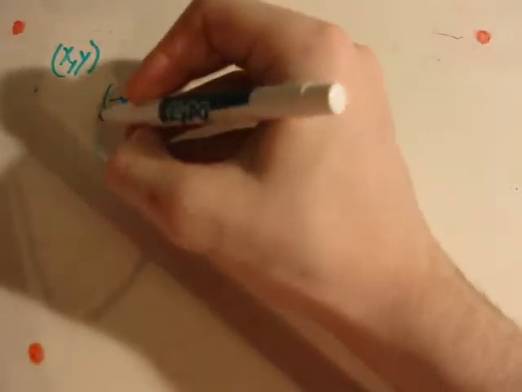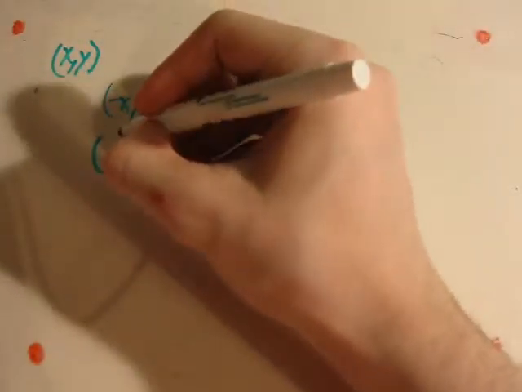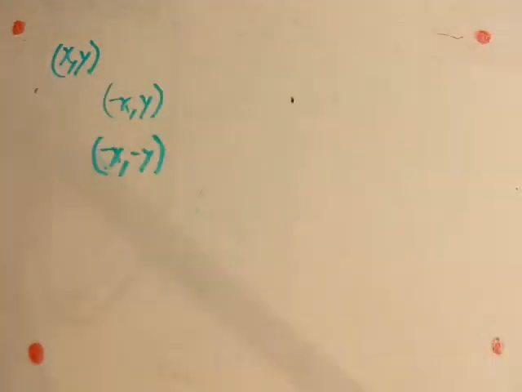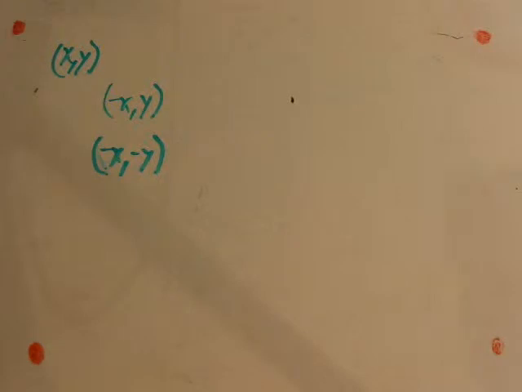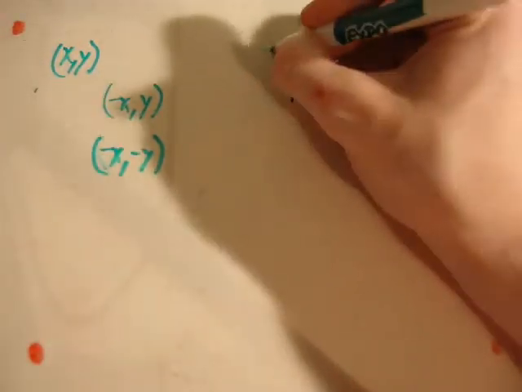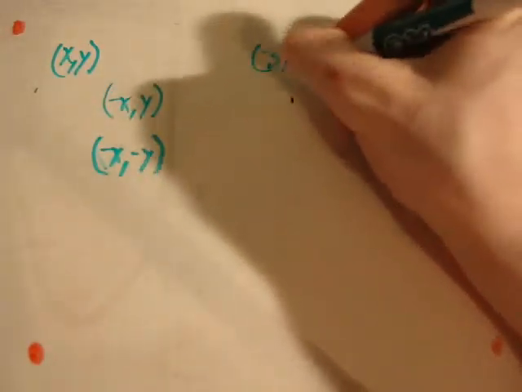Now let's say you've got an xy coordinate, but you've got something more like negative x, negative y. Then you've got symmetry around the origin. So let's say we've got that 3, 2 coordinate again.